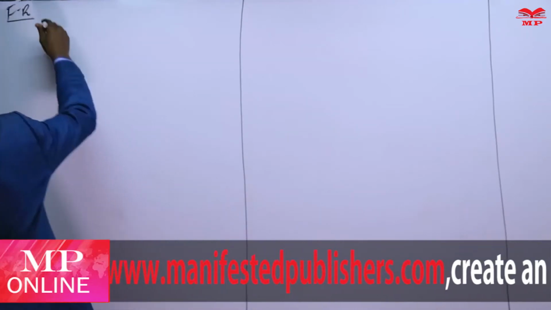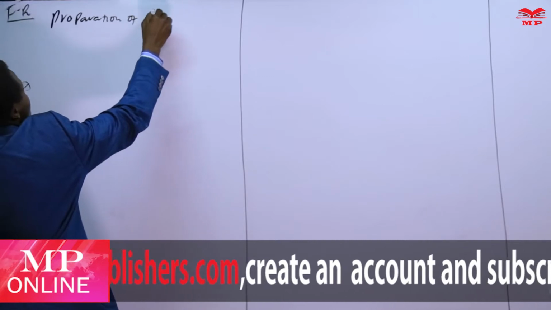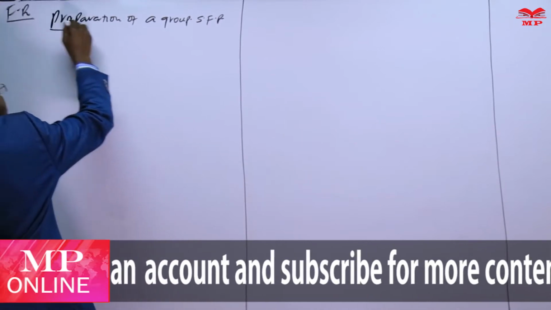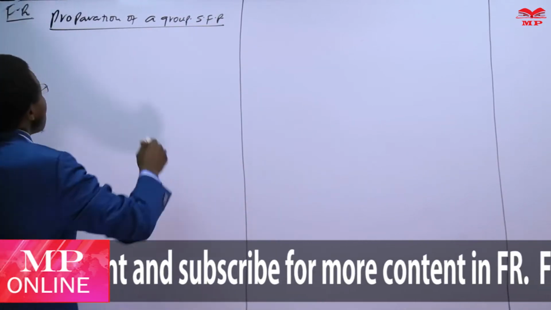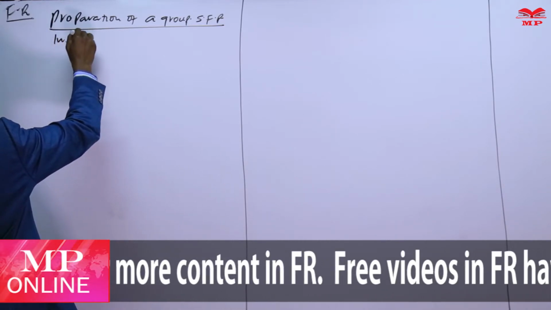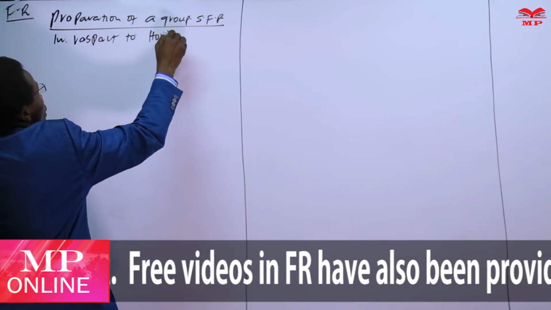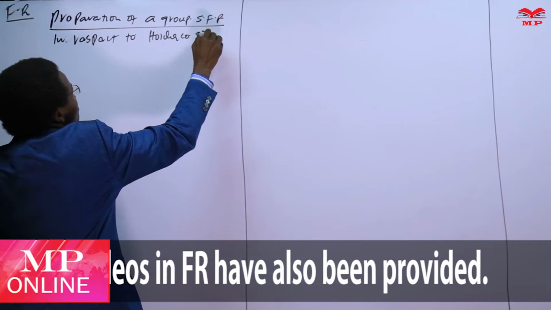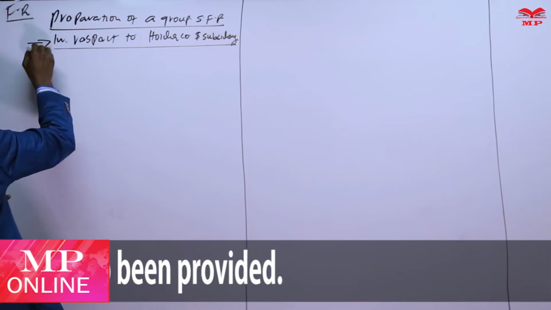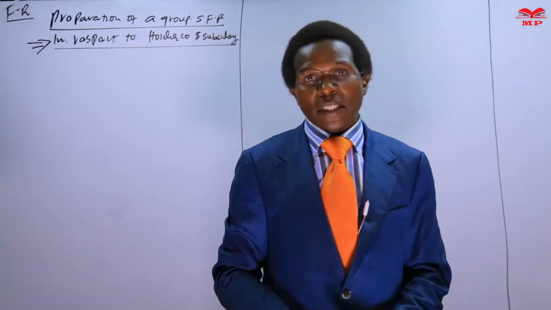Remember, we have been talking about preparation of a group statement of financial position in respect to holding company and subsidiary. Those are the adjustments we have been discussing from the previous lessons.